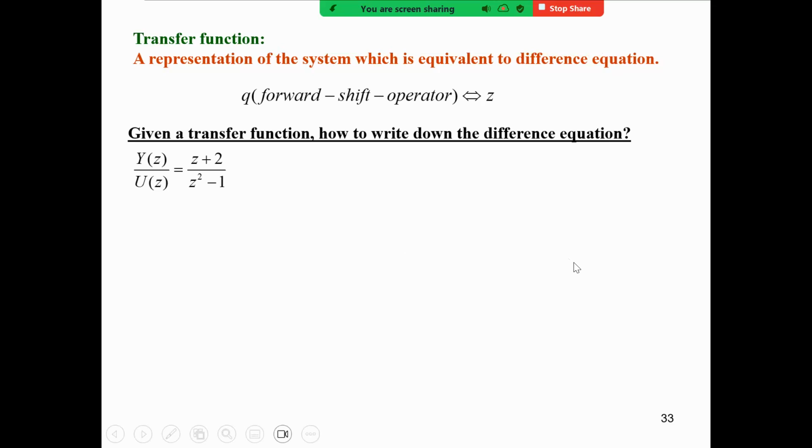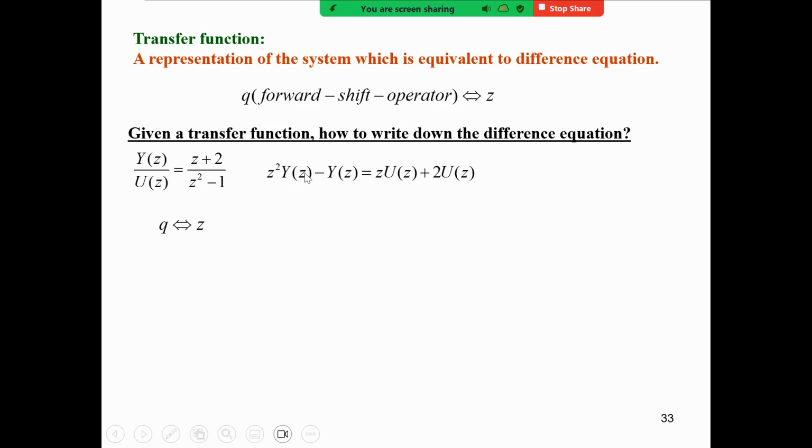Okay. Given a transfer function, how to write down the difference equation. Let's work out one example. Here I have this transfer function. I want to know what's the difference equation. So how do we do that? You do it this way. You put the output signal on one side and input signal on the other side. And with this, in the time domain, this Z means a shift, right?